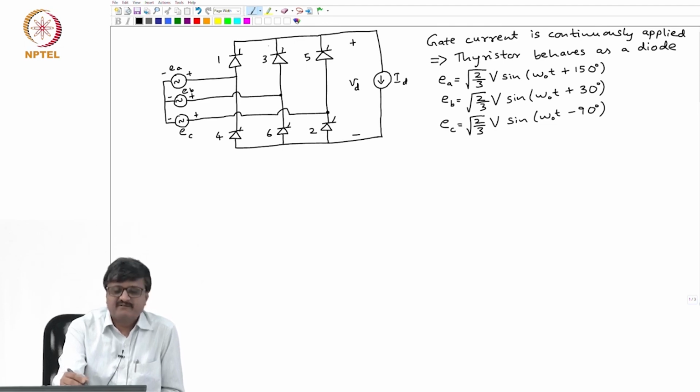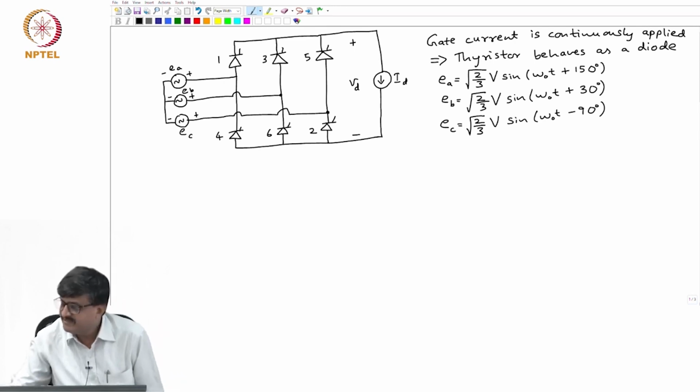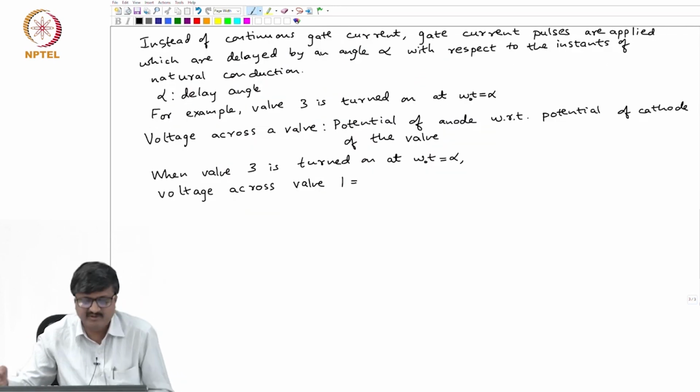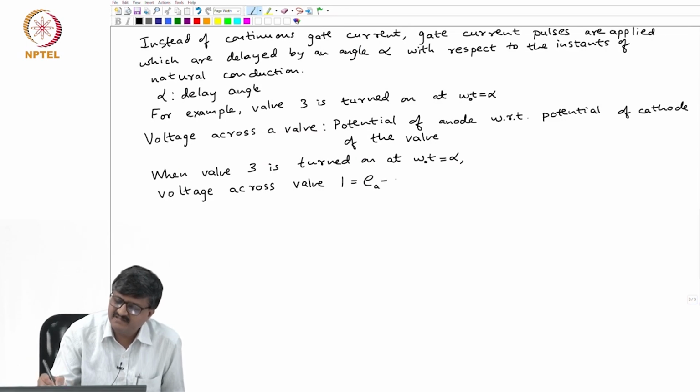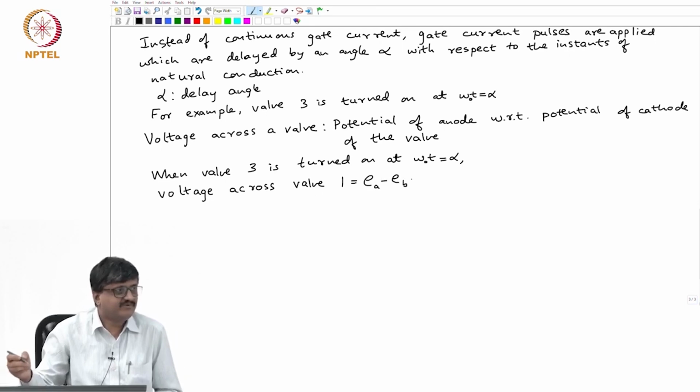So, what is the voltage across valve 1? It is anode potential minus cathode potential, so it is EA minus EB, which can be obtained from the circuit diagram. Now, we have expressions for EA and EB. Using them, can I say what is EA minus EB?